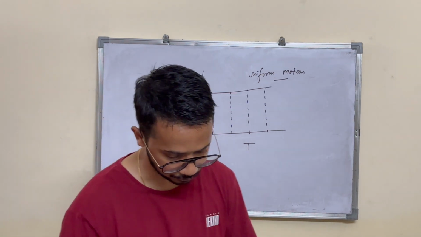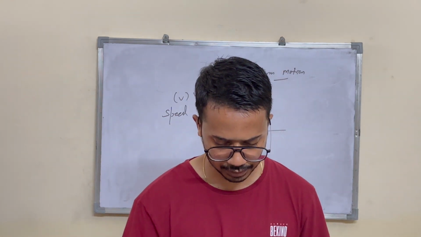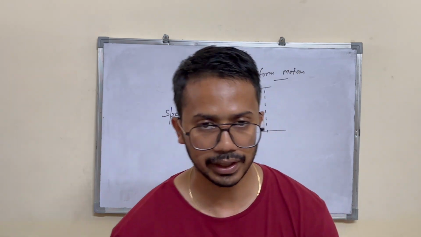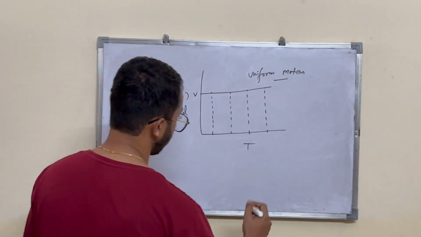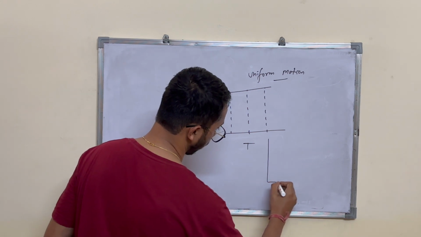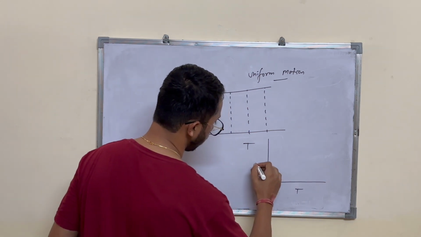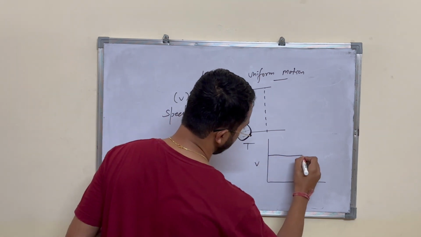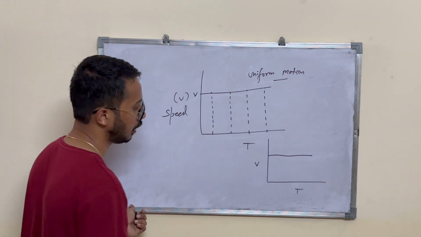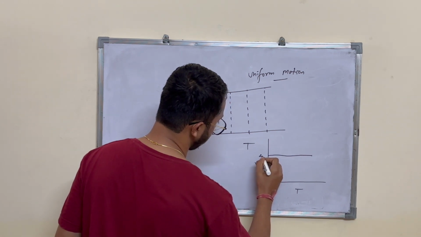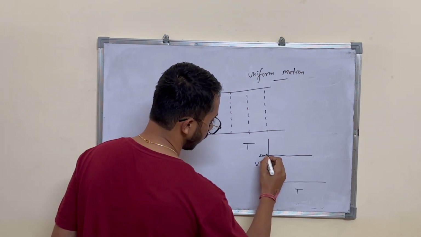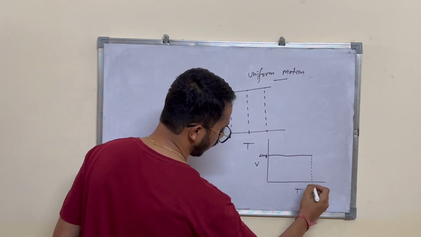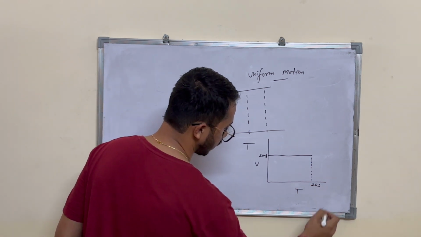Now the next question: what is the quantity measured by the area under a velocity time graph? The area under a VT graph gives us displacement. How? This is your time, this is your velocity, and for the sake of example the object is in uniform motion at a speed of 20 meter per second for 20 seconds.